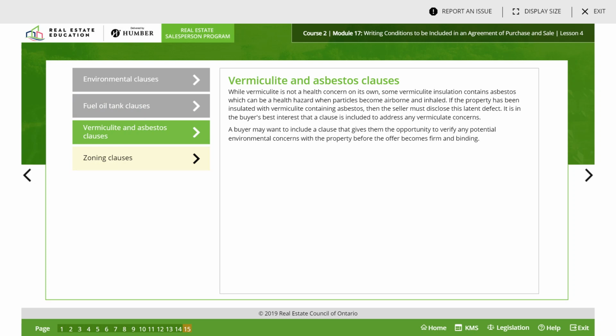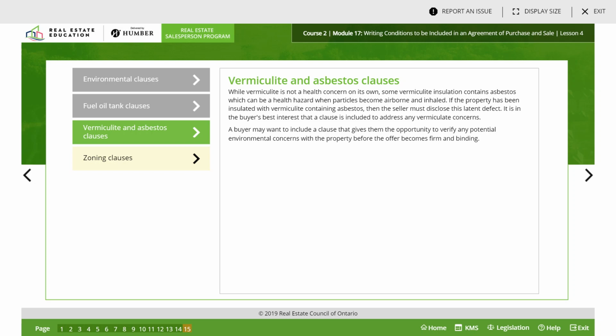Vermiculite and asbestos clauses. While vermiculite is not a health concern on its own, some vermiculite insulation contains asbestos, which can be a health hazard when particles become airborne and inhaled.